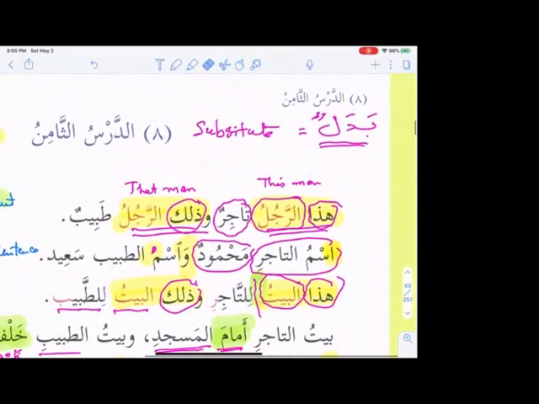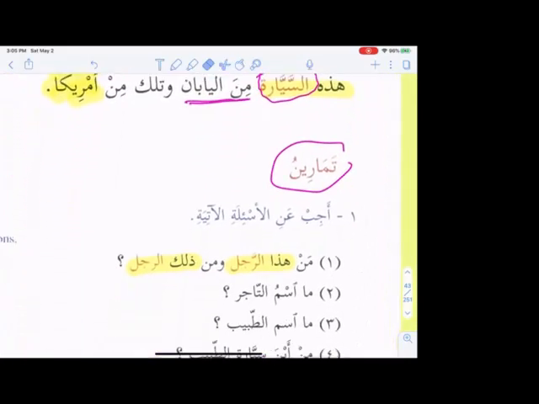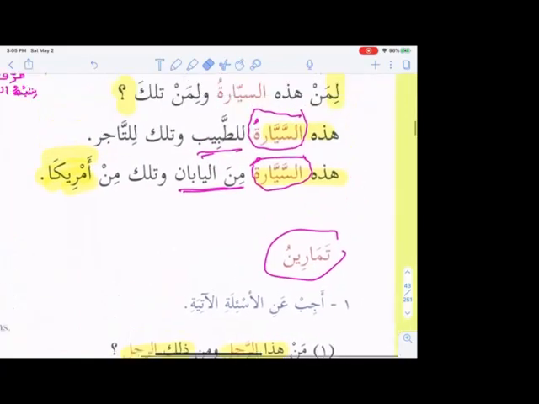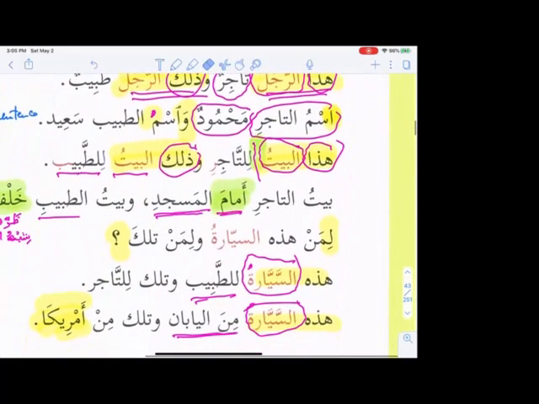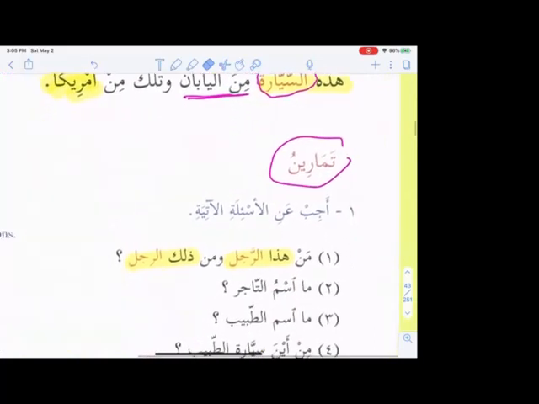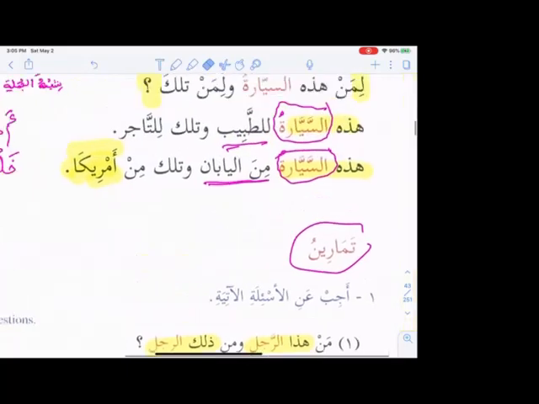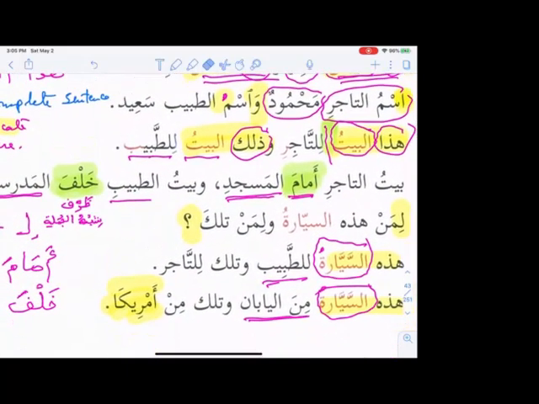Yes. هذا الرجل تاجر وذلك الرجل طبيب. Ismuhu tajiri, then you go back and say ismuhu tajiri Mahmoud. Ismuhu tabibi, ismuhu tabibi Saeed. Right?